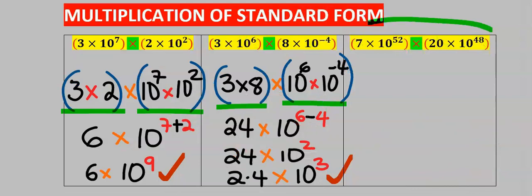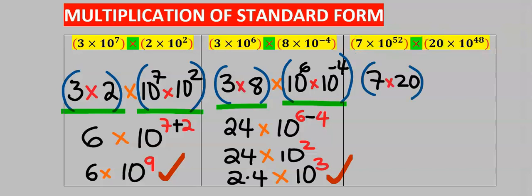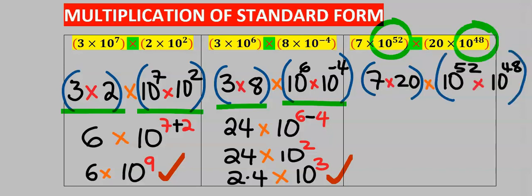Next, consider this multiplication of standard form. Step number 1, multiply the numbers. Next, step number 2, multiply the tens. Next, 7 times 20, and you're going to have 140. Next, we're going to apply the law of indices here.